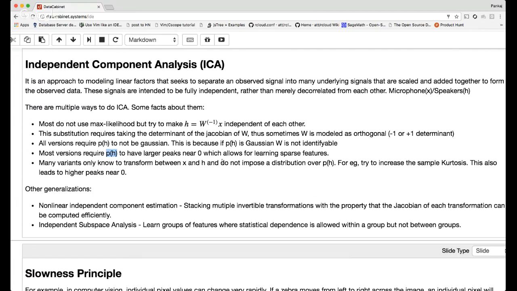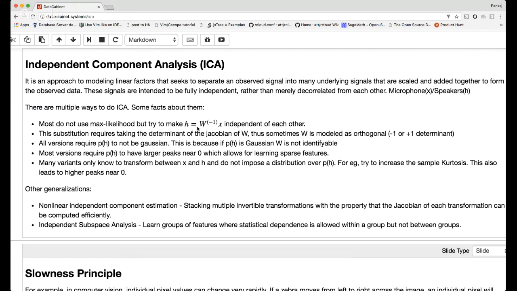And so one method that it mentions is, because it's trying to not make it Gaussian, to do that it actually tries to increase the kurtosis of H when you transform H to X, so it will not be Gaussian.